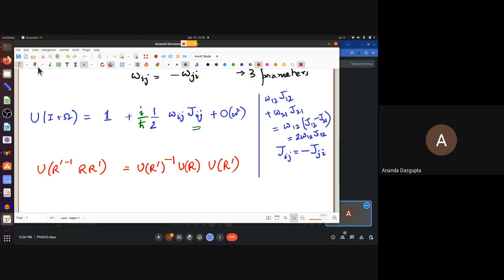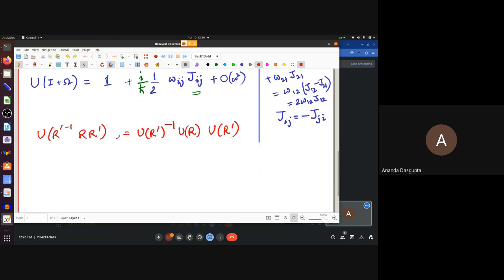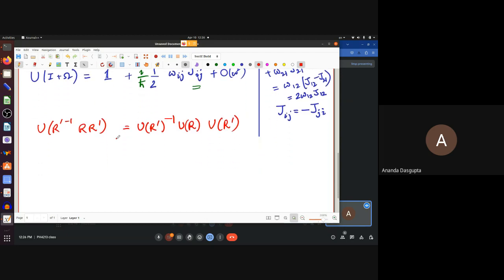Or maybe I will switch the R and R prime, doesn't matter, this is fine. Okay, right? You agree? Right. So what I will do next is choose, that's why I said I will switch the R and R prime, write these outer ones as R, the one which is actually inducing the similarity transformation, and say the inner rotation here is an infinitesimal one. So say I plus omega.